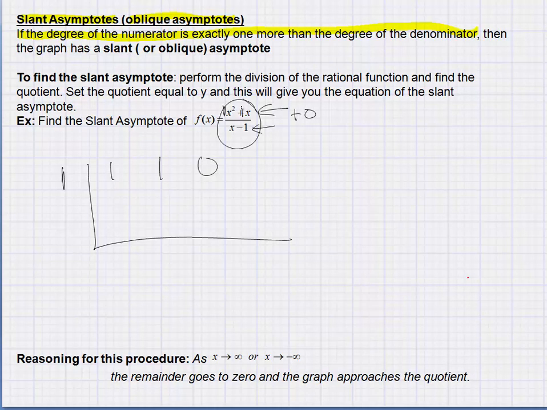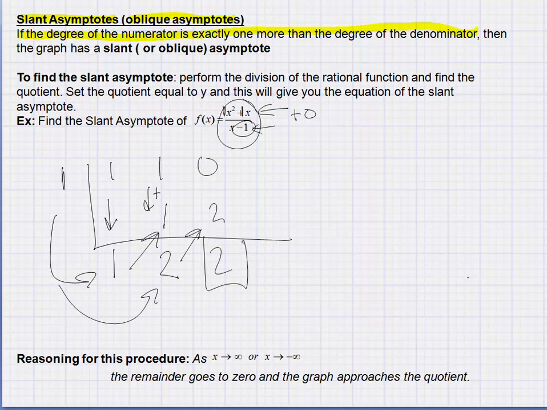The 1 outside is the changed sign from the denominator. So I bring down my first term, multiply, place it here, add straight down, multiply again, place it here, add straight down. This is my remainder, this is my quotient. Again, we're not looking for the remainder to be 0.